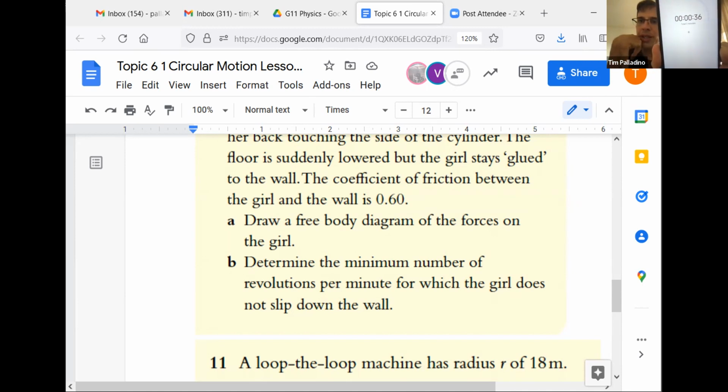About 30 seconds left. About 7 more seconds.